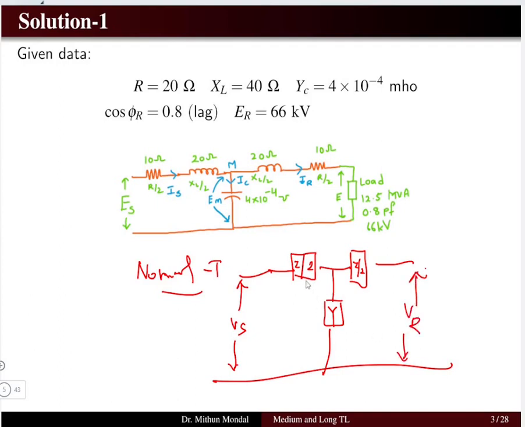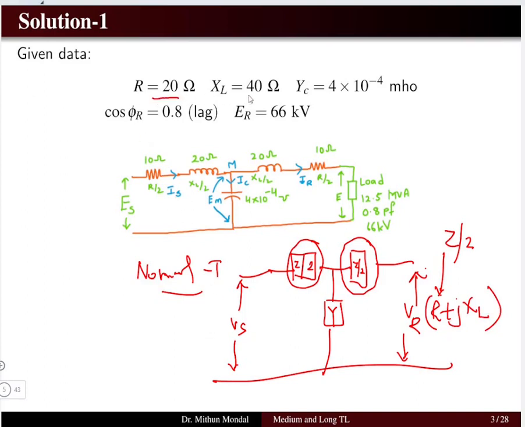Now you can see that on the series side, the impedance is divided by 2. So we have Z by 2, where Z is equal to R plus j XL. Now in the problem we have been given the resistance as 20 ohms and inductive reactance as 40 ohms. So we will divide that into two halves, that is we will have Z by 2 here and Z by 2 here.